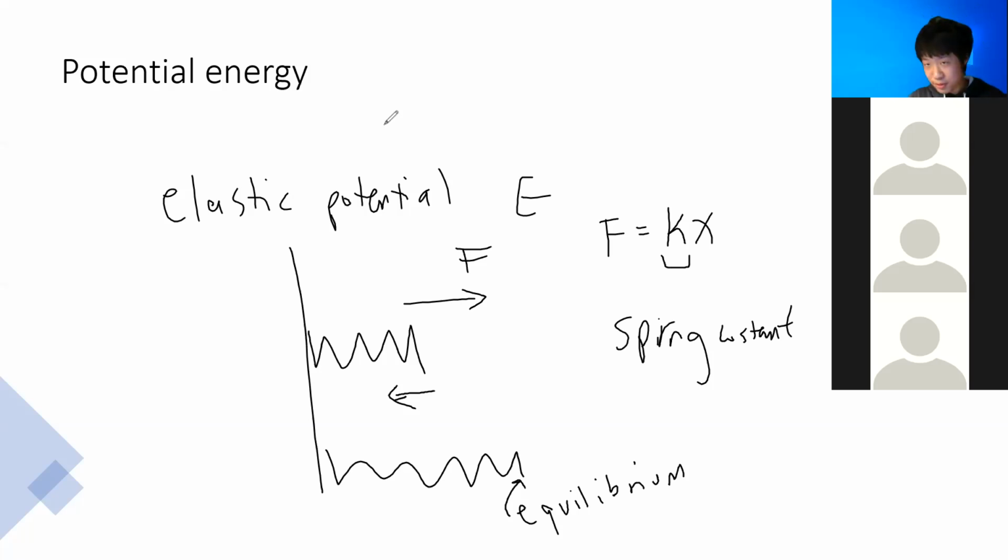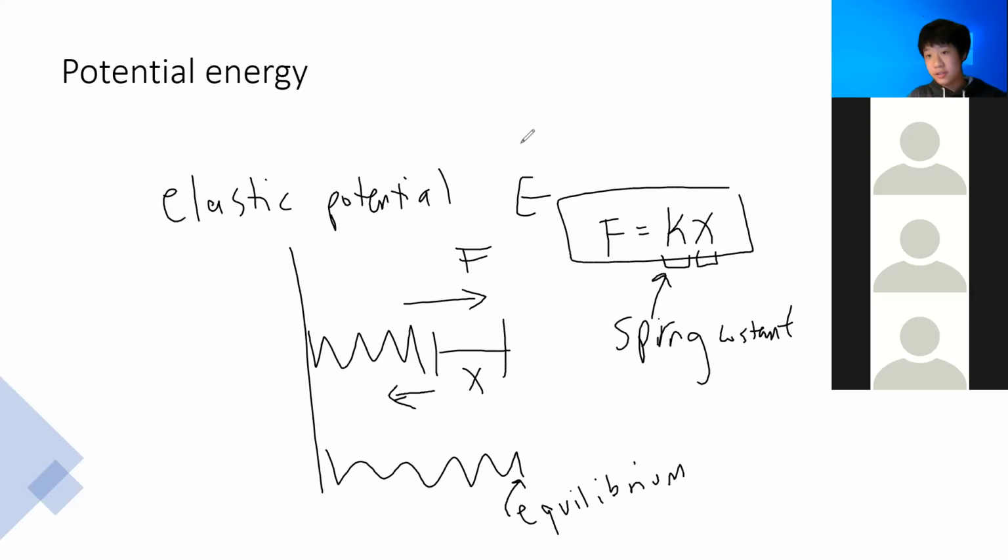But if you were to take the springs inside a car, they're really stiff, and they're really hard to compress. So this is what we call the spring constant, okay? And then we have X. What is X? X is the displacement of the spring, how much distance we have compressed it from the equilibrium point, okay? So the farther you would compress it, the more force there would be. So this is the force due to a spring.